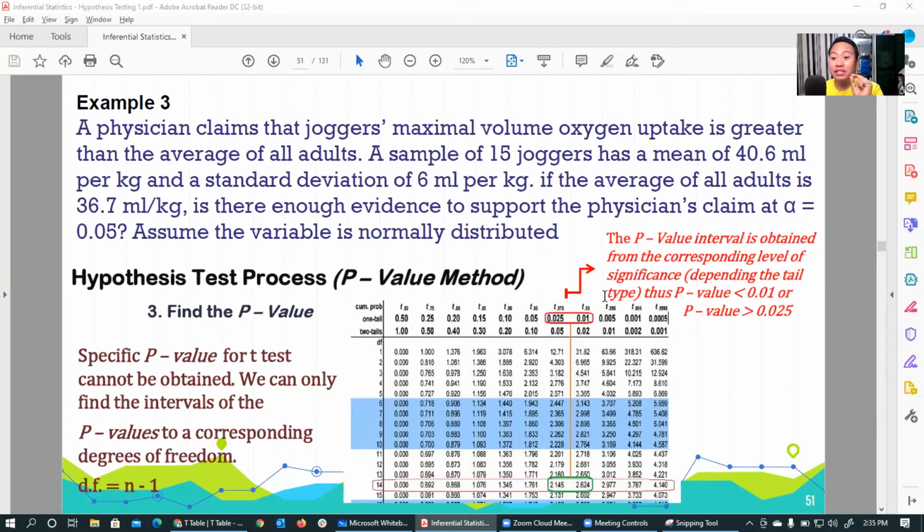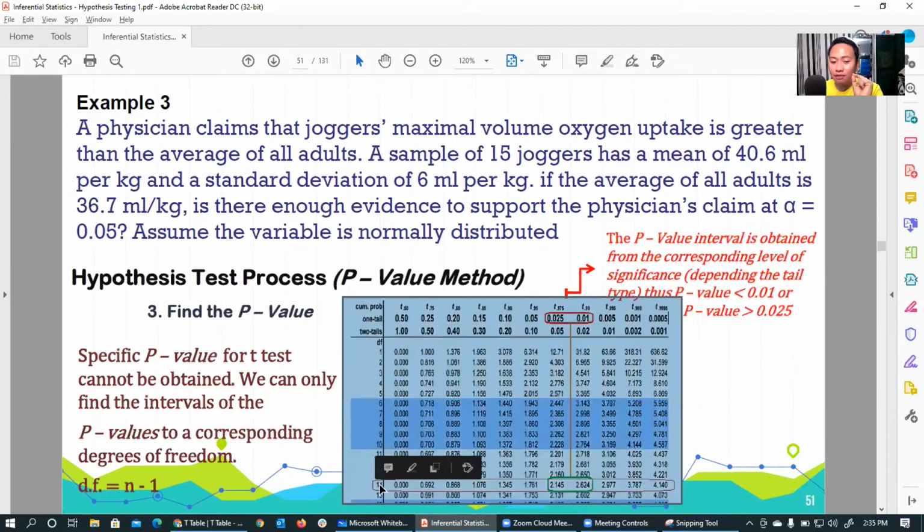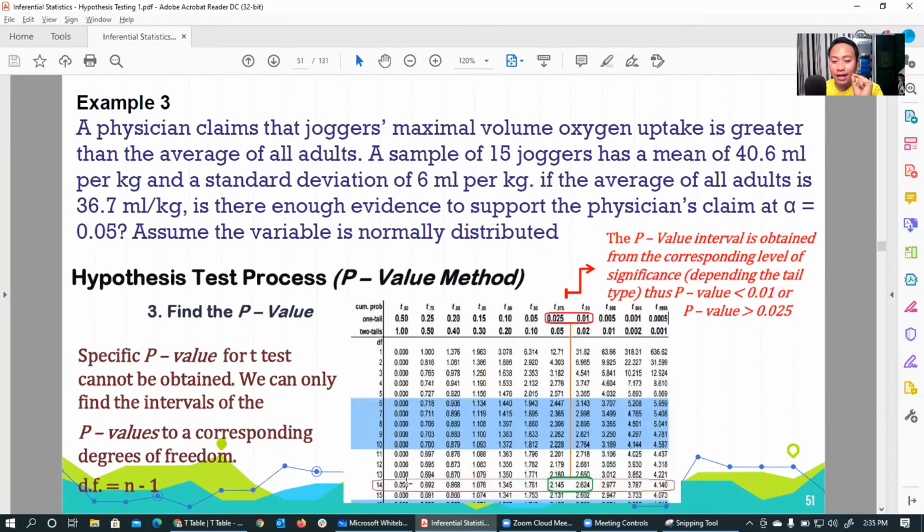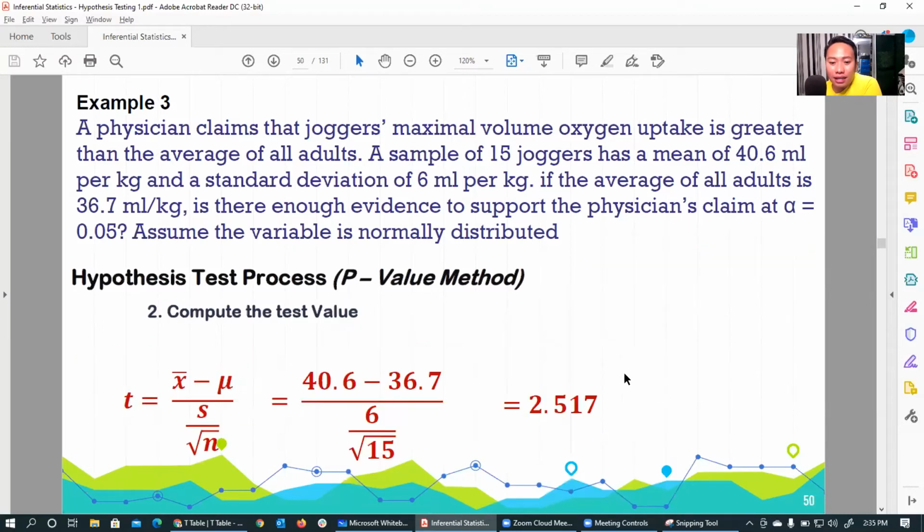Let's start with degrees of freedom, n minus 1. The n that we have here in this example is 15, so n minus 1 is 14. If you notice at the bottom part here, I placed this 14th row under a shape. Along these degrees of freedom, look at the values where 2.517 belongs.